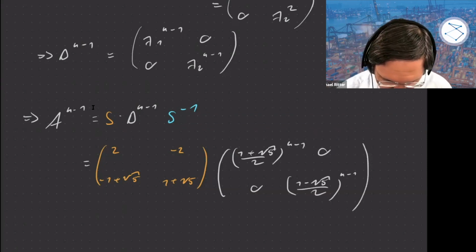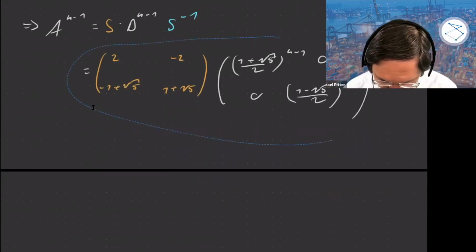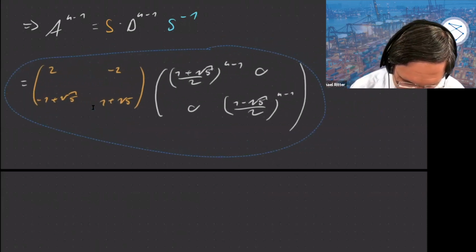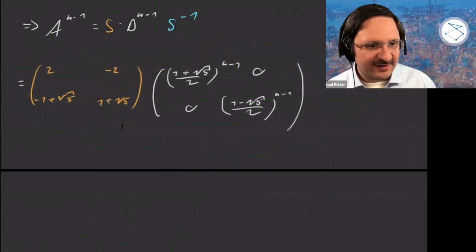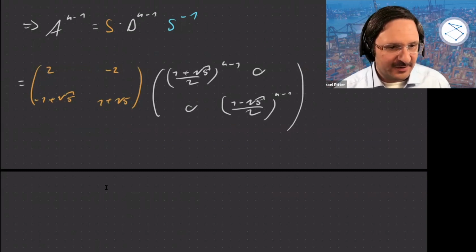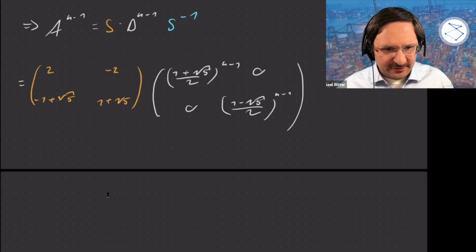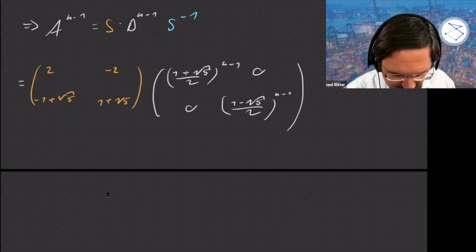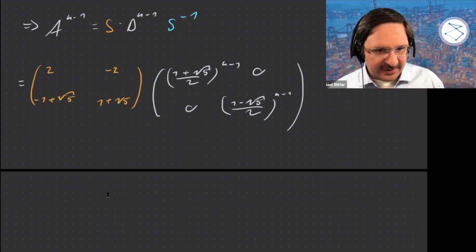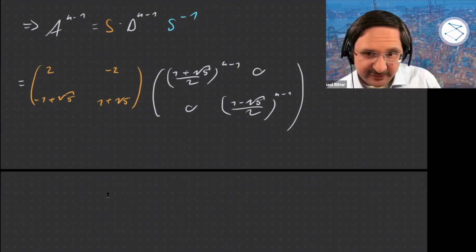And I'm running out of space. Let me just move this a little. Hopefully I can fit in S to the minus 1. Actually, I don't even need to fit in S to the minus 1, but yeah, let's do that anyway. So S to the minus 1, that can also easily be computed.